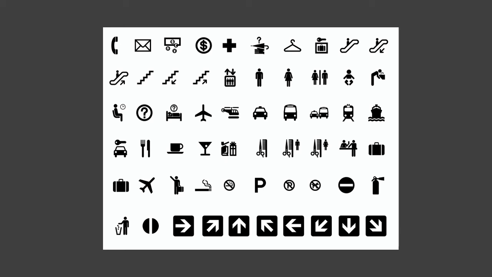So he used his clout with the IDSA and the AIGA, which is the American Graphics Association, to convince the Department of Transportation to allow him and his team to oversee this design process.